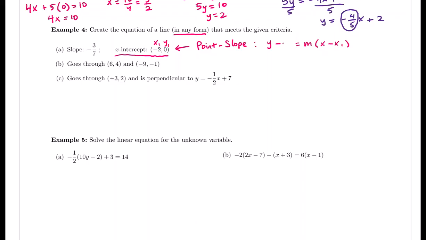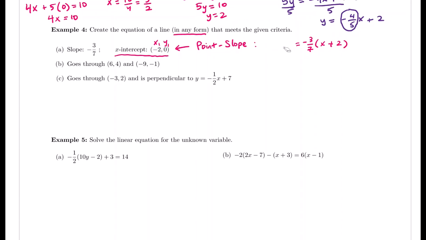So I have y minus 0 is equal to m. Our slope in this case is negative 3 over 7. And then x1 is negative 2. And when I subtract off negative 2, that changes into plus 2. And when I do y minus 0, that's really just y.